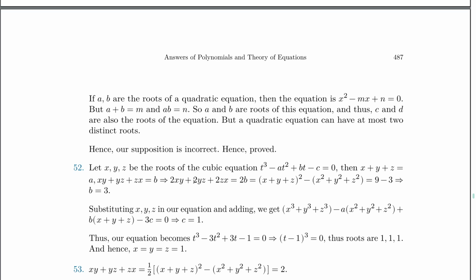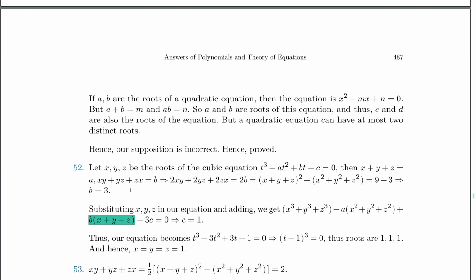So we have 2xy plus 2yz plus 2zx. Now we substitute x, y, z in the given equation and we add those. We get x cube plus y cube plus z cube minus a (x square plus y square plus z square) plus b (x plus y plus z) minus 3c is equal to 0. Now we are given that b is equal to 3 here. So we substitute b is equal to 3 and x plus y plus z is also 3. So this is 9.